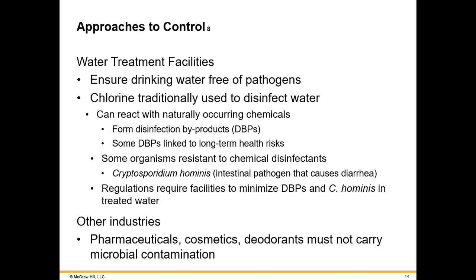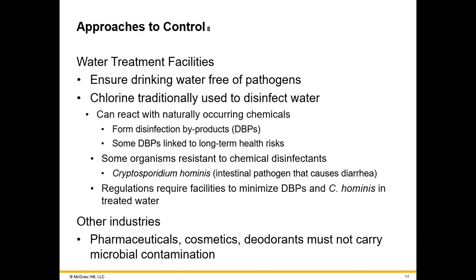But what is worse, in fact, for high levels of chlorine is that the way chlorine works, or it is effective because it interacts with components of the microbes. That's how it kills them. So whether it's nucleic acids, lipids, or particularly proteins. So it reacts with those components, and that's how it kills the microbes.